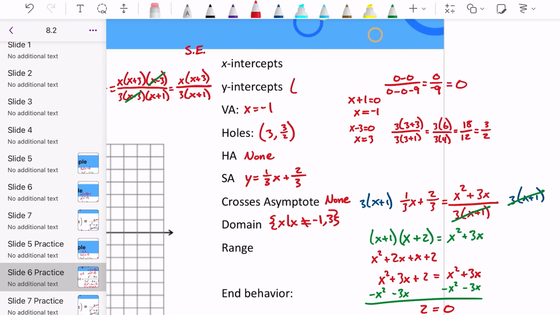So our y-intercept would be 0, 0. Our x-intercept would also be 0, 0, but we still need to double check to make sure that we have all of the x-intercepts that we need.